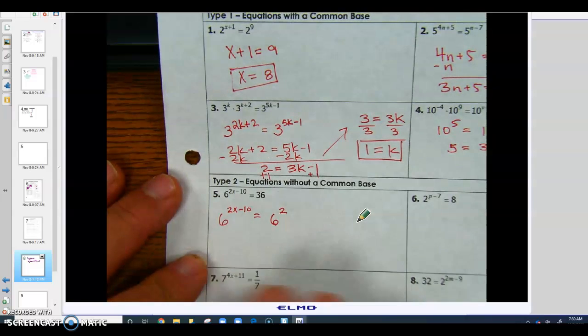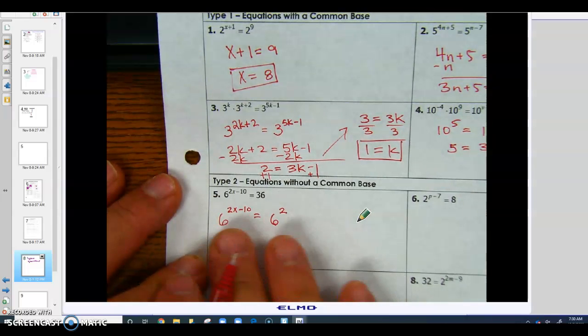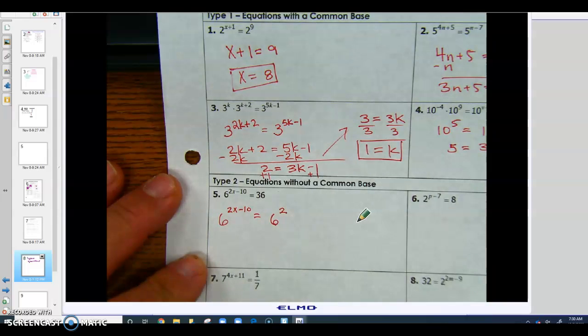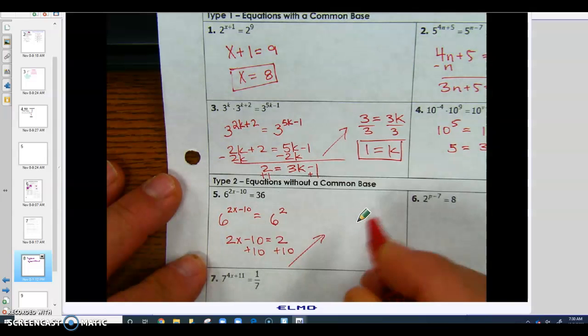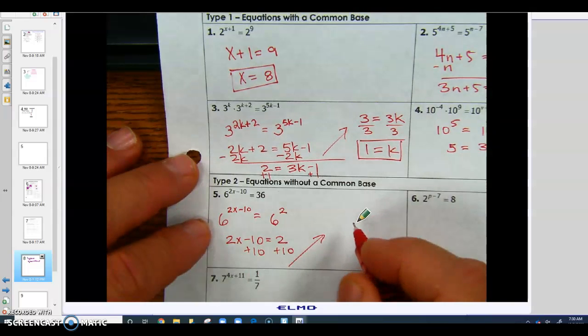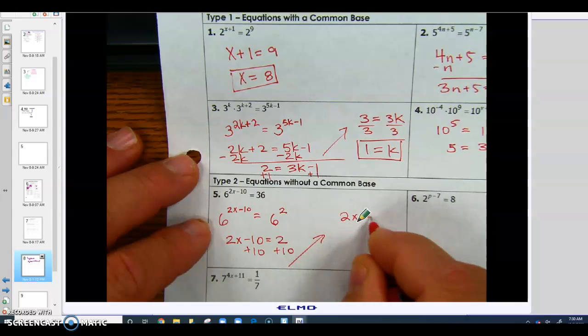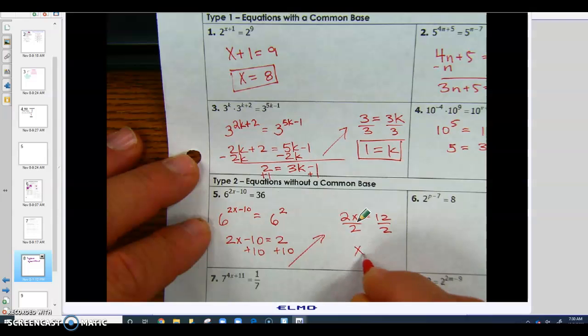So now this is the exact same equation, but now I have like bases and I can drop the exponents. So 2x minus 10 equals 2. Add 10 to both sides, and you get 2x equals 12. Divide both sides by 2, x equals 6.